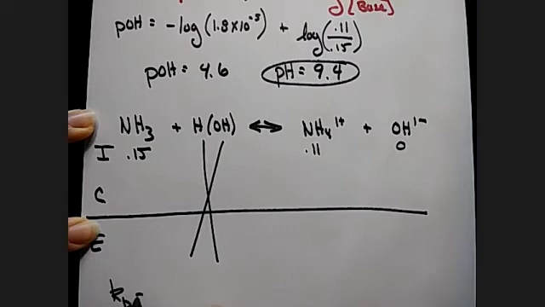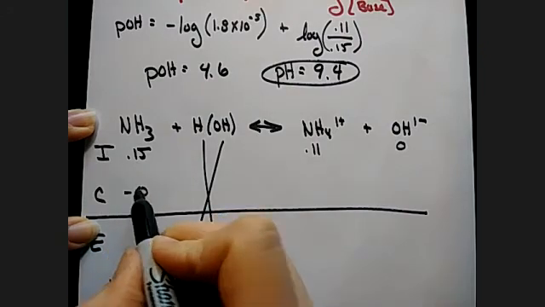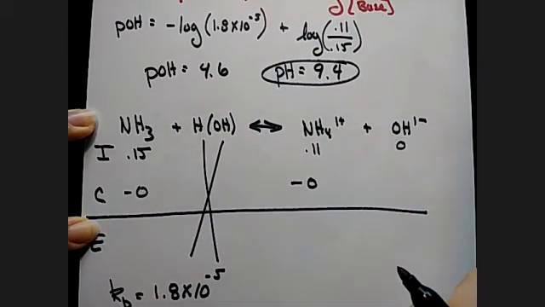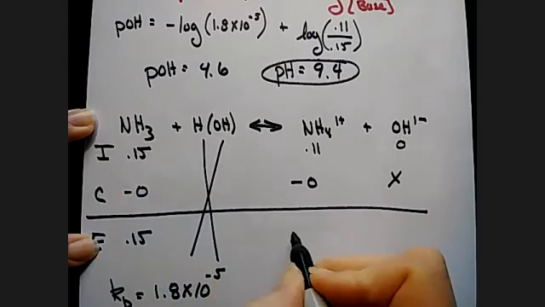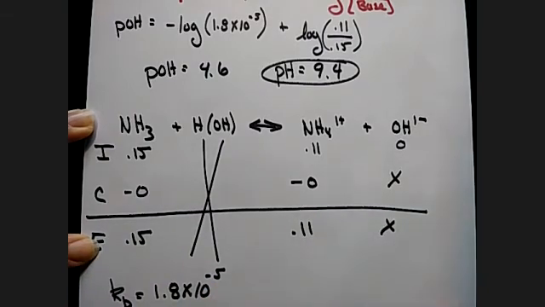The Kb for this base is 1.8 times 10 to the negative fifth. So we can ignore the change to the initial concentrations and define the hydroxide ion concentration as X. So at equilibrium, I have 0.15, 0.11, and X.